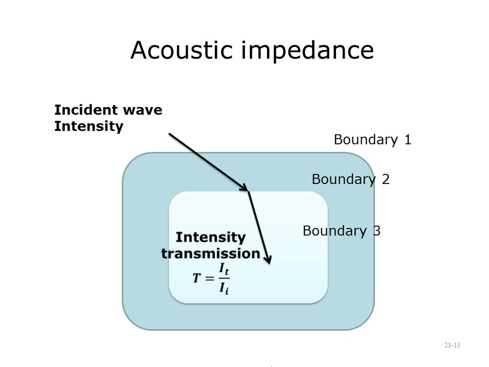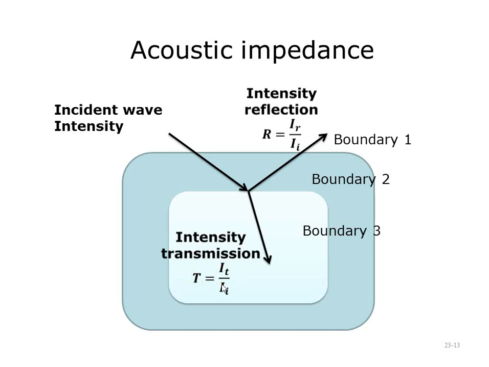In fact, when the wave is incident on the interface between two boundaries, some waves are reflected and some waves are transmitted. The reflected part is the intensity reflection, R, equal to reflected intensity divided by the total intensity, and intensity transmission, T, equal to transmitted intensity divided by the total intensity.